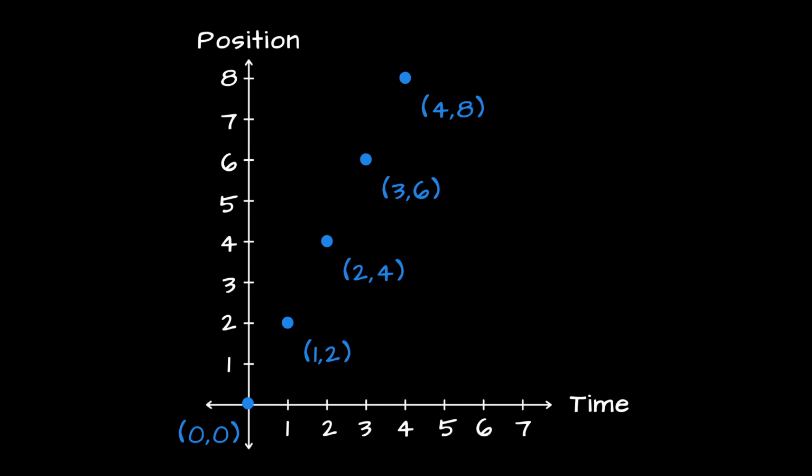Indeed, connecting the dots gives us nothing other than a straight line. And the position function of the bicycle, given the data in our table, is precisely an example of a linear function. If we wanted to express this position function algebraically, then the most natural way to do so would be via the formula s of t equals 2t.